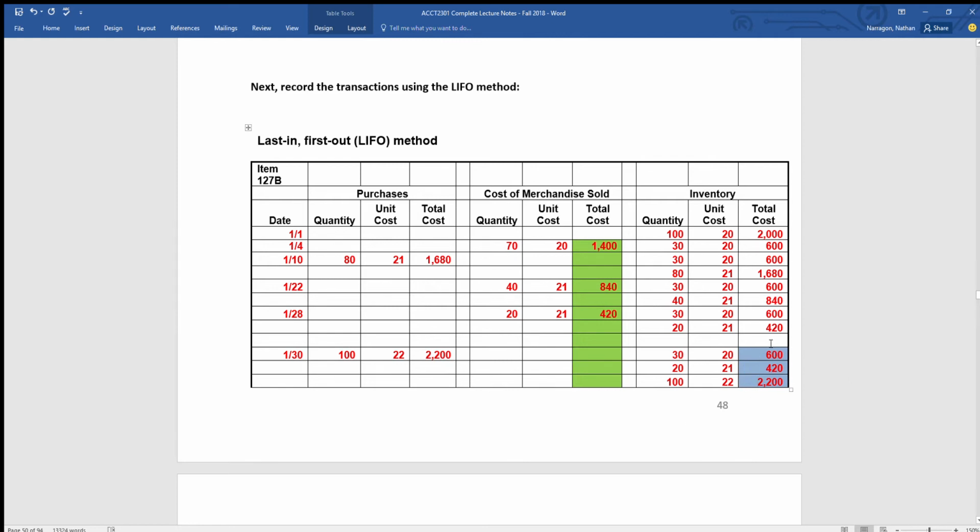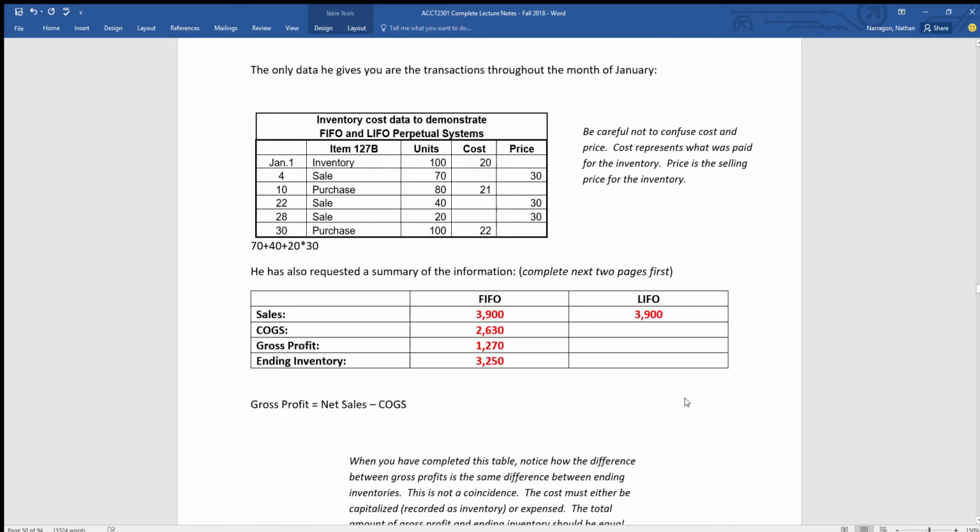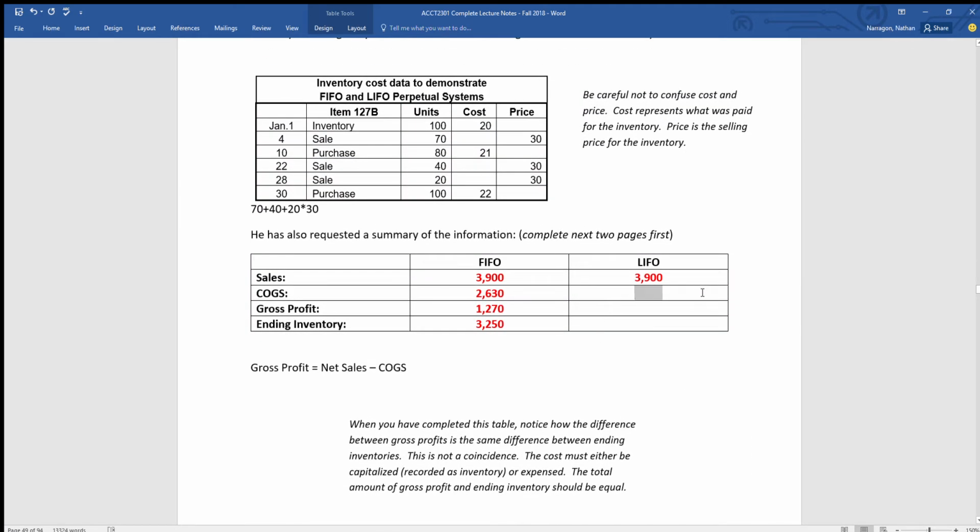So I don't total all this up, just the last one. For that, we're going to get cost of goods sold at 2,660, which does verify that cost of goods sold should be higher than FIFO. And that means our inventory is going to be less.